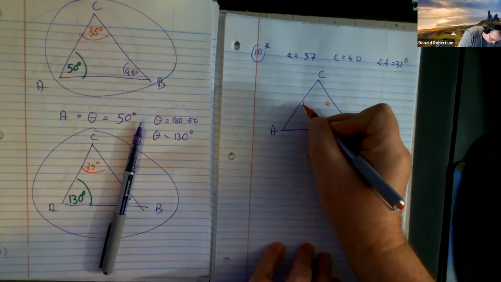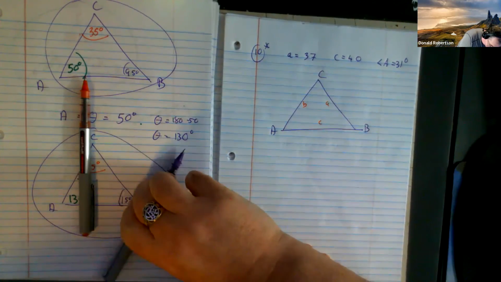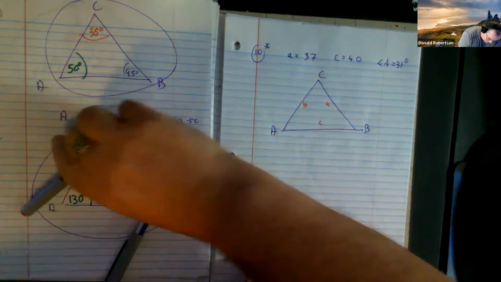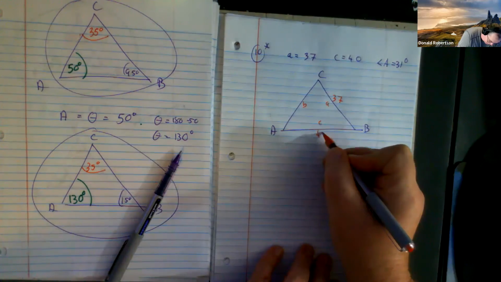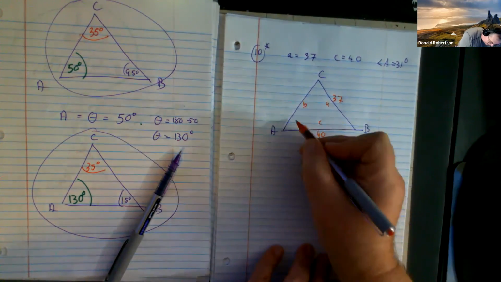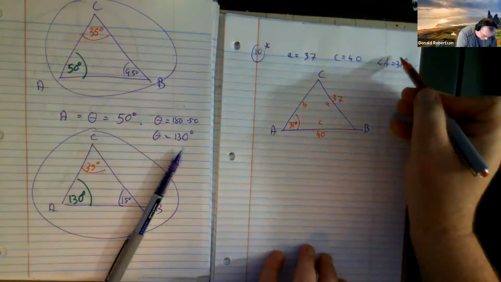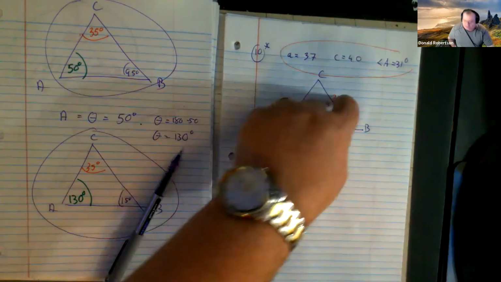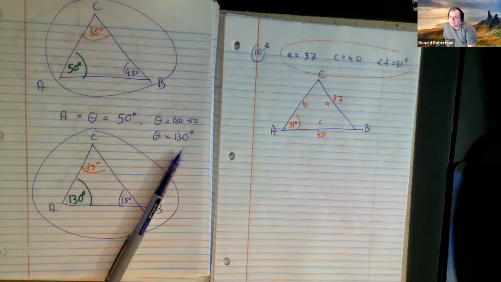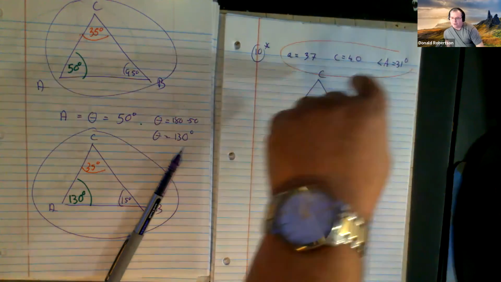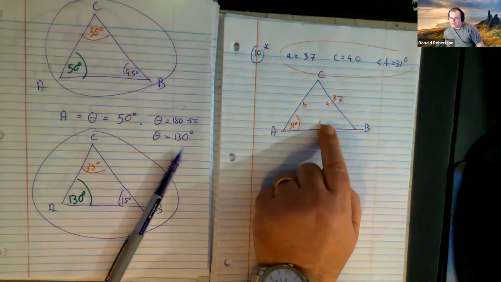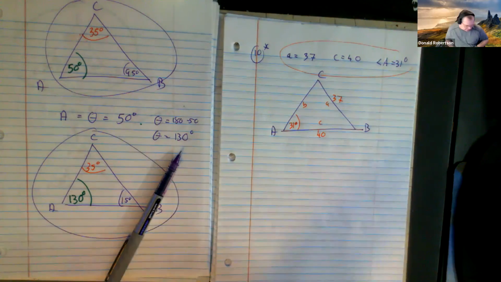Since you're told little a is 37, you can put a 37 there. And little c is 40, you can put a 40 there. And angle A is 31 degrees, you can put 31. So do you see how this information does become a triangle? You can be given it like this, but this is what you always begin with. You need this triangle, and just suck out the numbers that you need.